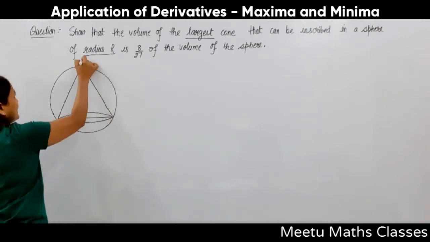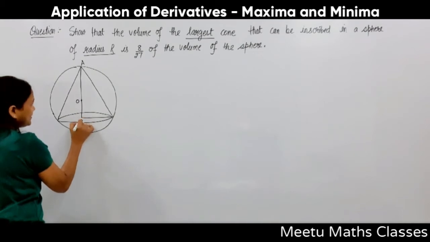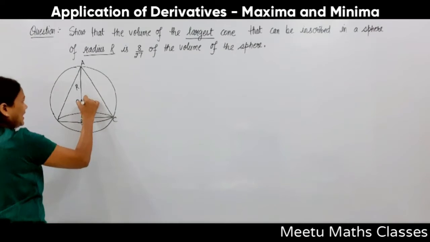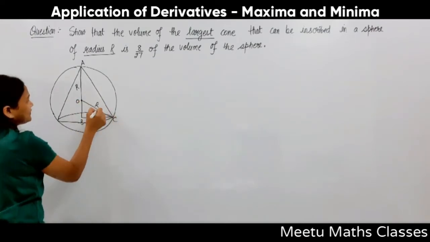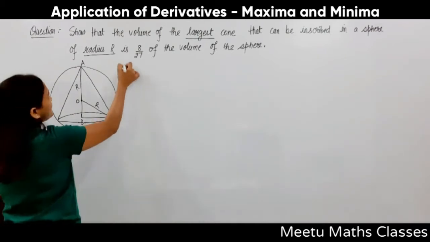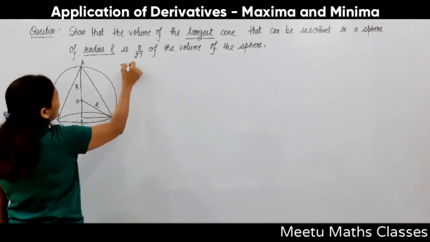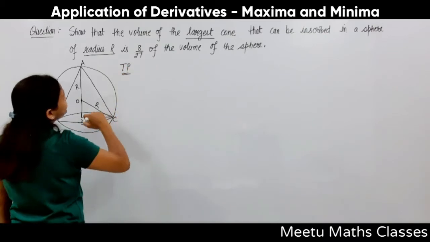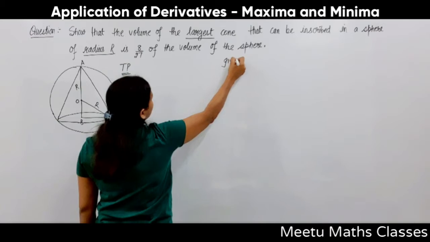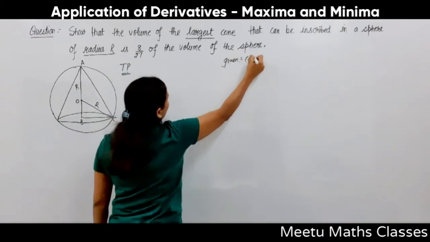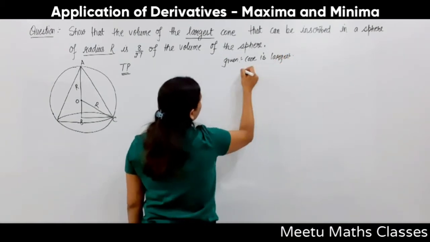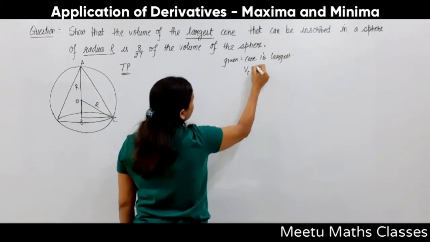Let us take A, B and C. So OA is r, and if we join OC, that will also be r. Now we are going to prove that, given the cone is largest, that means the volume of the cone is maximum.